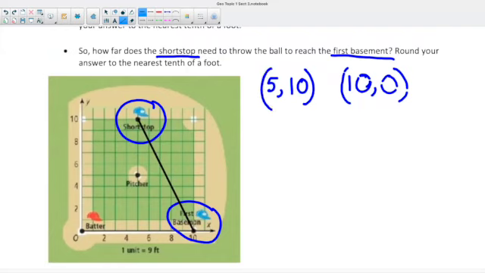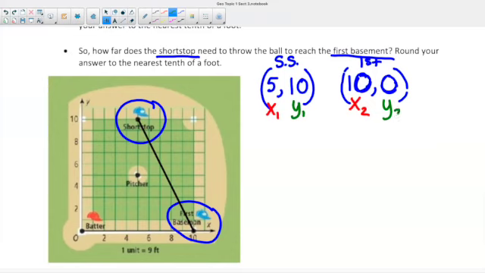I'll abbreviate: shortstop and first baseman. Okay, so we had 5, 10, 10, 0. Let's label those with X's and Y's. So this is going to be X1, this is going to be X2, this will be Y1, and this will be Y2.